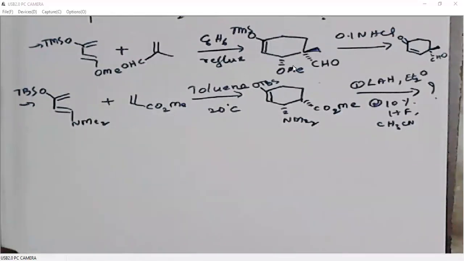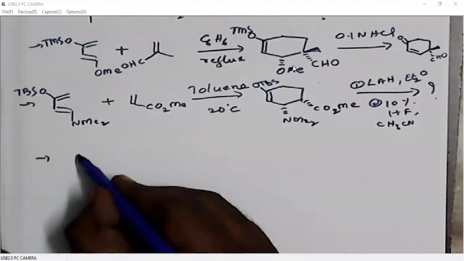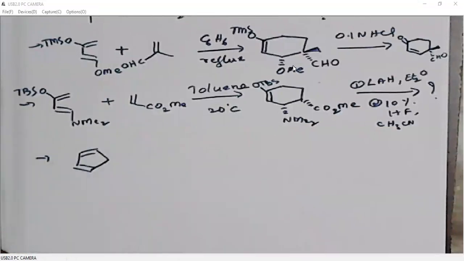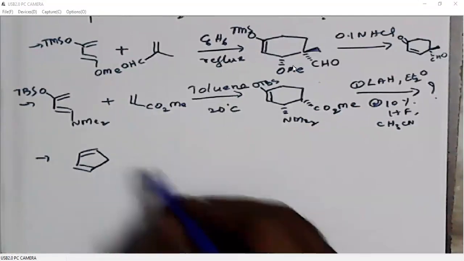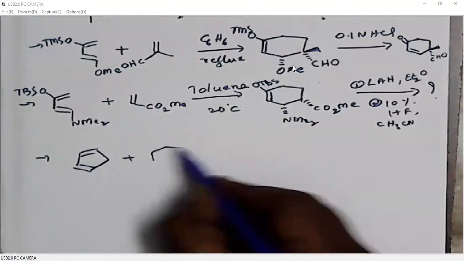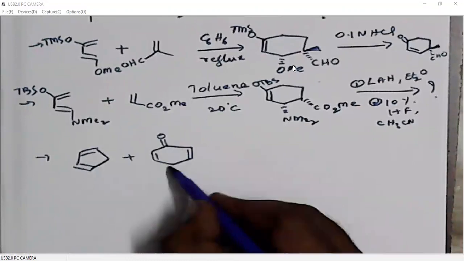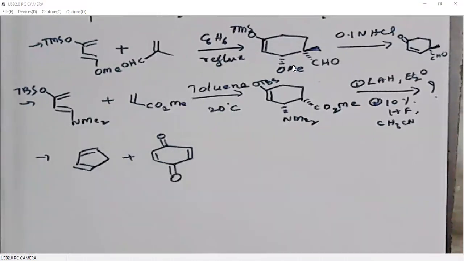Right. In the next problem we will see how we can predict the stereochemistry of endo products if the diene is part of a cycle.